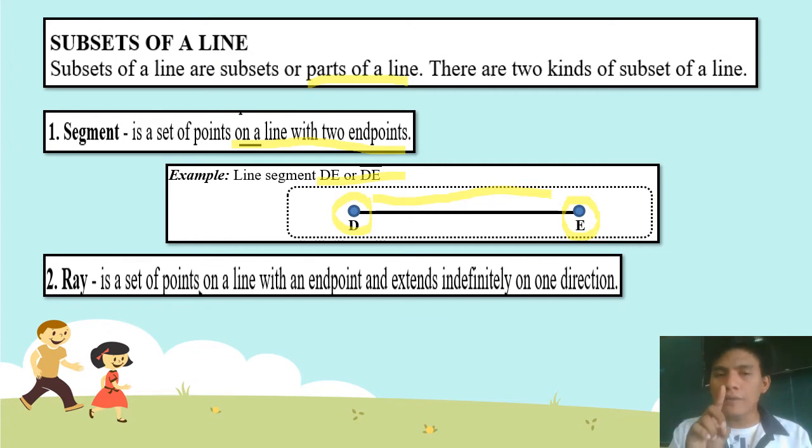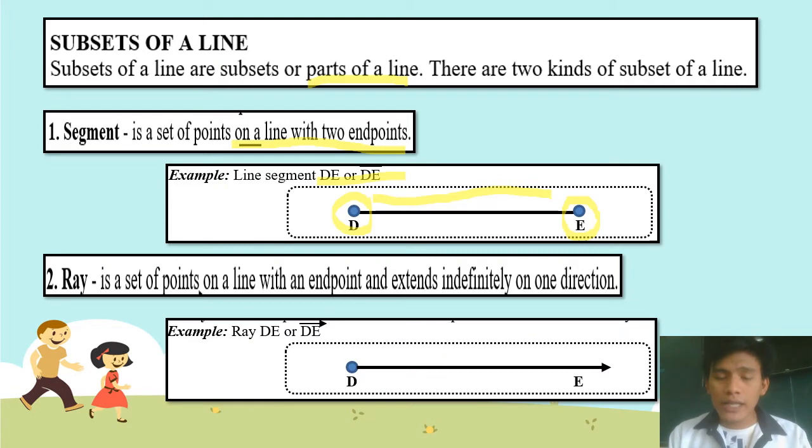Another type of subset, that will be ray. When we say ray, it's a set of points on a line with an endpoint and extends indefinitely in one direction. Let's have an example. As you can see in the figure, from point D going to point E, but it extends indefinitely in one direction.